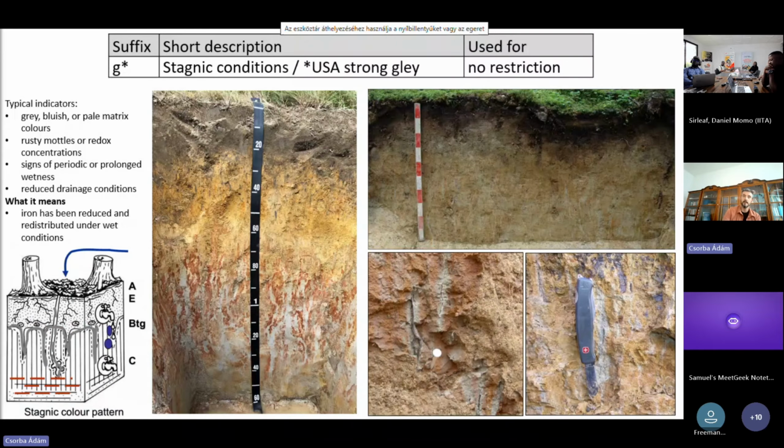So the G index, this color pattern that we can see here, is the result of water stagnation, which means that the excess water comes from the surface in the form of very heavy rainfall or flood water, and in the soil there is a water restricting layer that does not let the water flow downward. So the water stagnates.